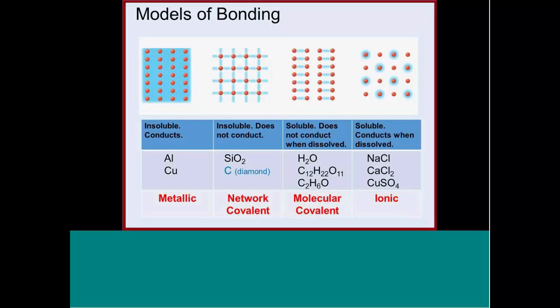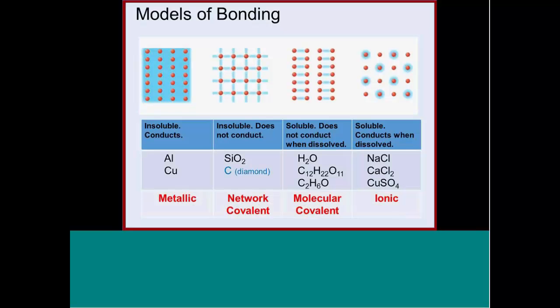Okay? And what the students are then working towards understanding is that when the electrons are spread out in aluminum, it's metallic. The ones that are insoluble have electrons that are between all the atoms in this rigid network, and we call that network covalent. This is silicon dioxide and carbon. How that differs from molecular covalent is the electrons are holding little clusters of atoms together, but they're not holding all of the atoms together.